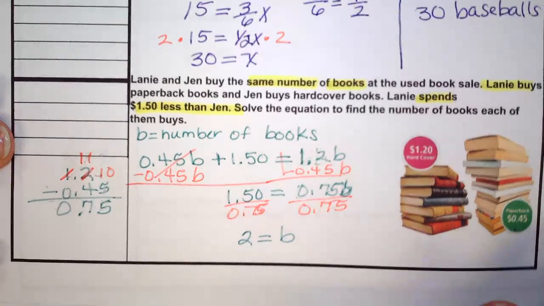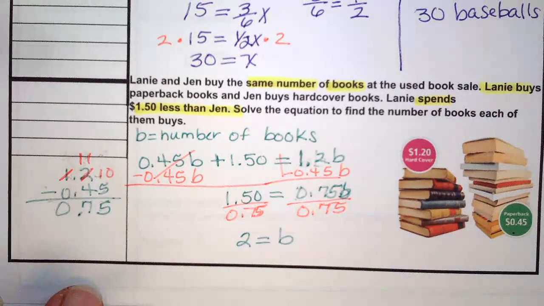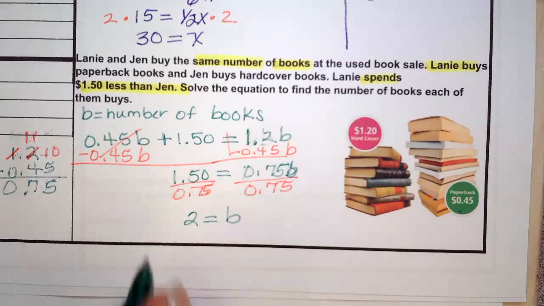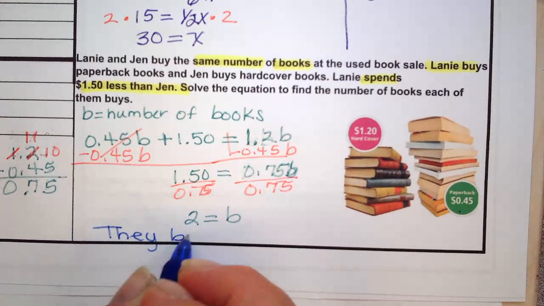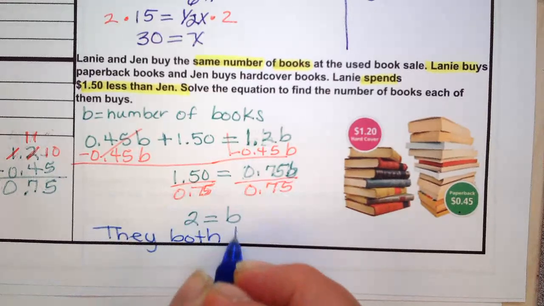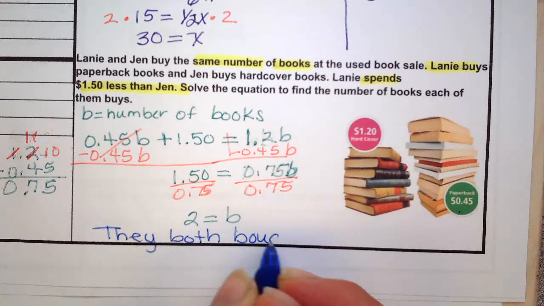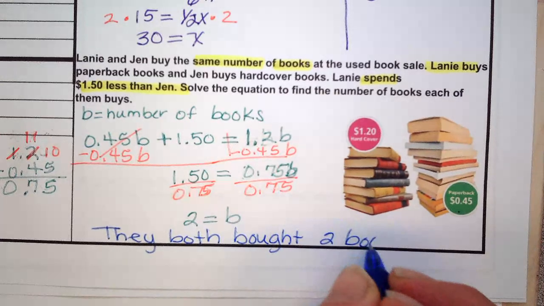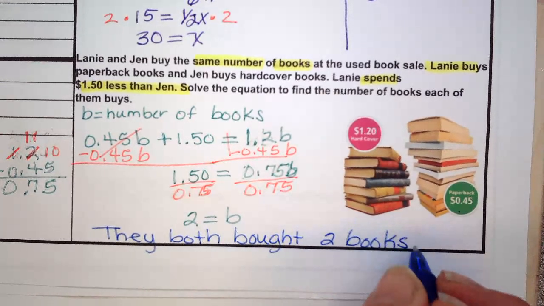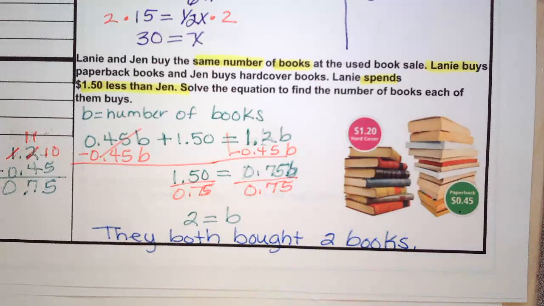What does that mean? That means that they both bought 2 books. Okay.